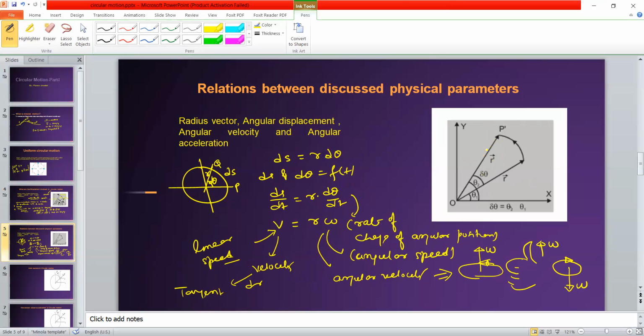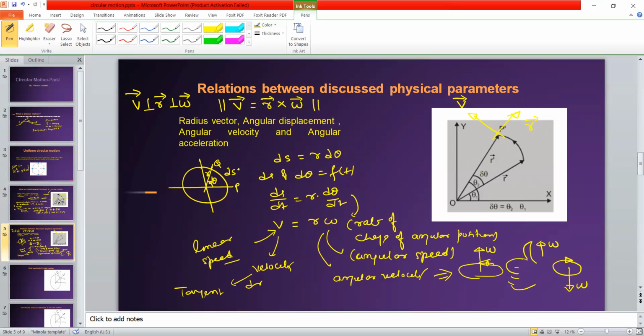The radial vector is always directed from O to P, that is, radially outward. So you can see over here that the direction of velocity is perpendicular to the radial vector and perpendicular to the angular velocity. So in short, in vector form you may write it as v = omega cross r.